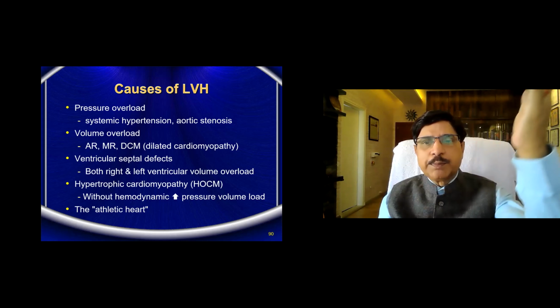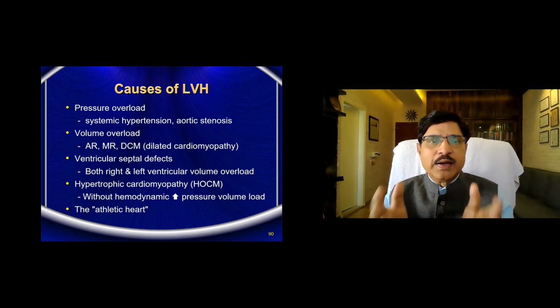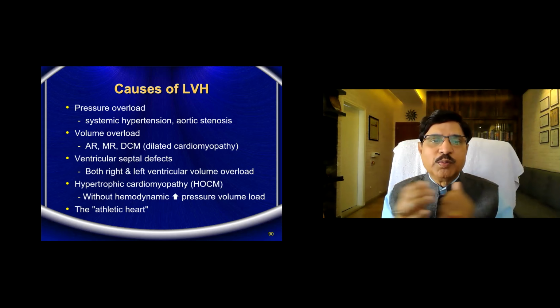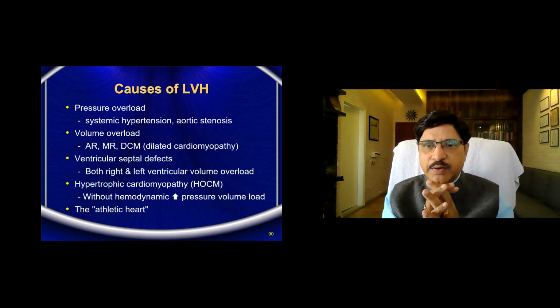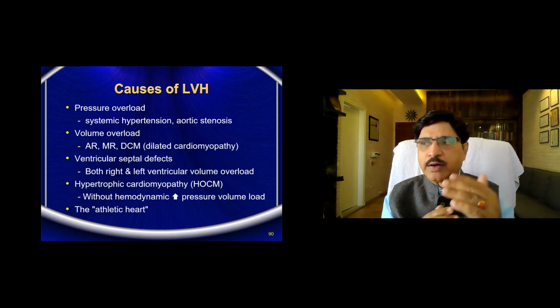Obstructive cardiomyopathy, pressure overload. Dilated cardiomyopathy, volume overload. Ventricular septal defect, both right and left ventricular volume overload will be there. Because when there is a VSD, initially there will be a flow from left to right, and then all the blood goes to the right ventricle.